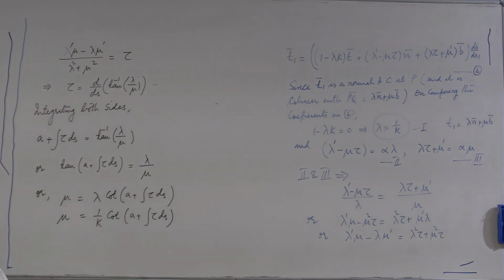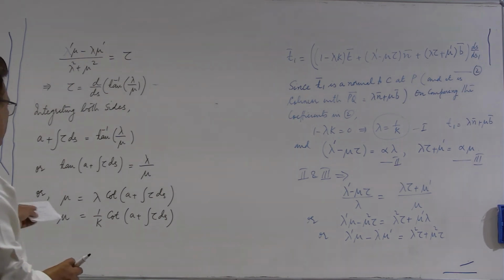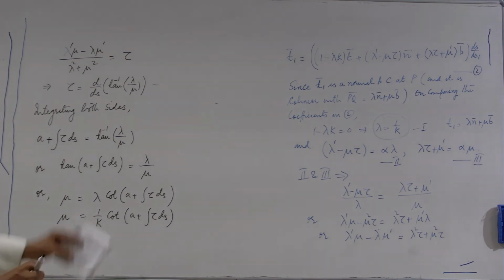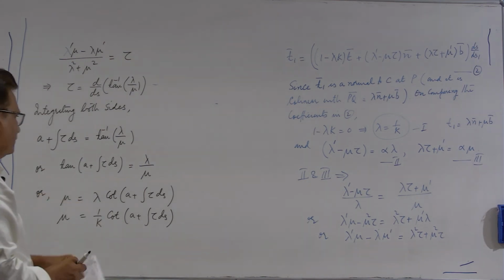C1. So, now substituting these values of lambda and mu into the first equation that you had, r1 equal to r plus lambda n plus mu b. So, substitute these values.